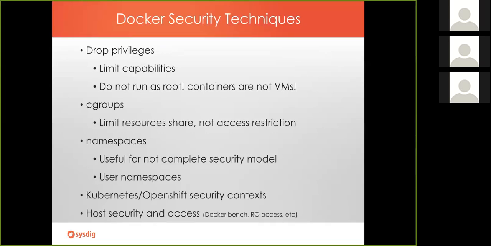Containers are not VMs, so escaping outside of a container is not that difficult, depending on the situation. So you should at least try to limit the number of applications that you run as root and the number of capabilities you provide to those containers. Docker has facilities to configure this very easily.